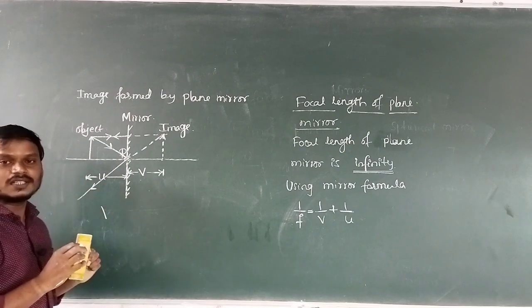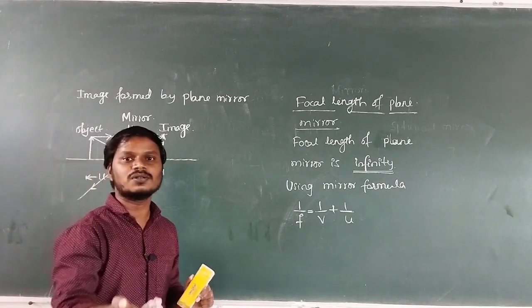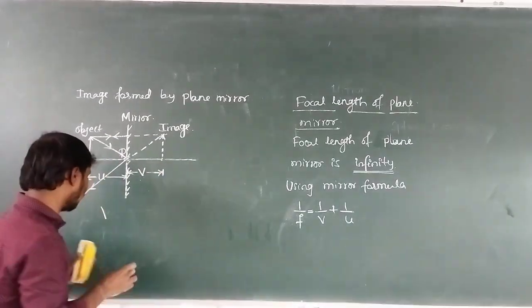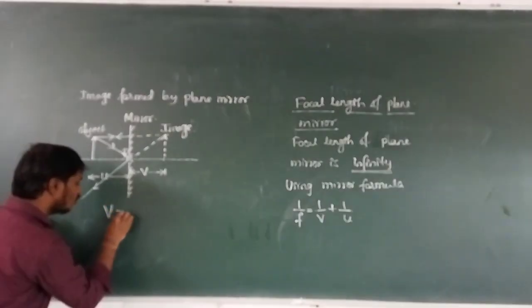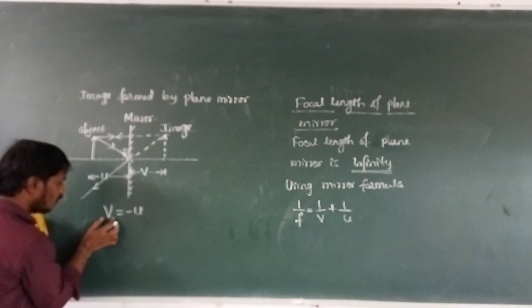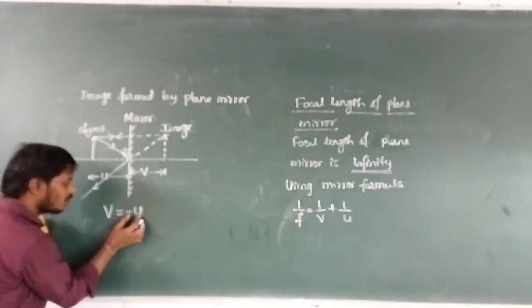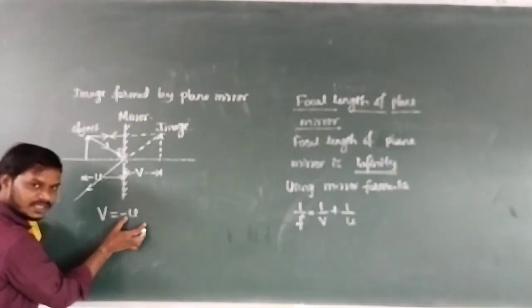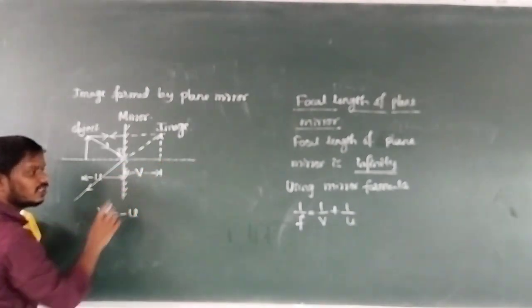In case of plane mirror, the image distance is equal to object distance. Then V is equal to minus U.